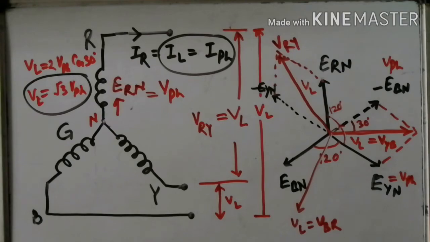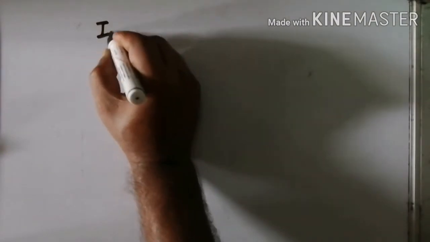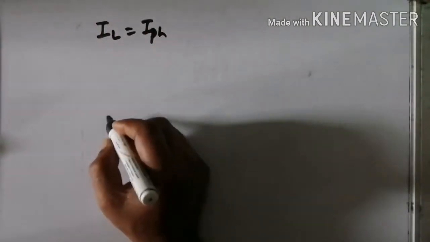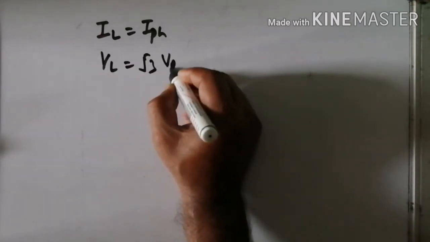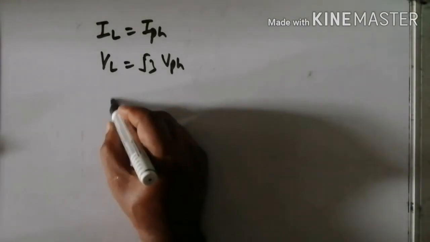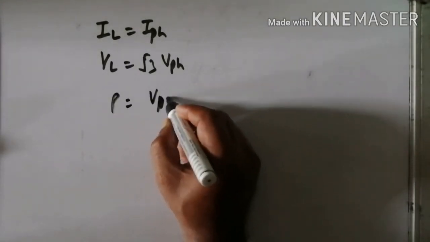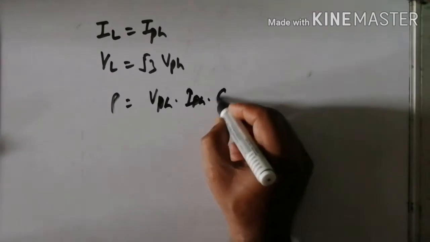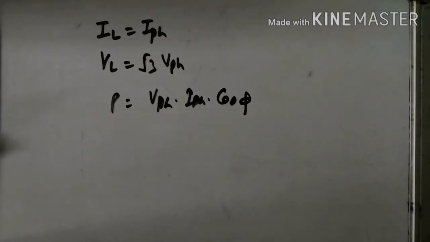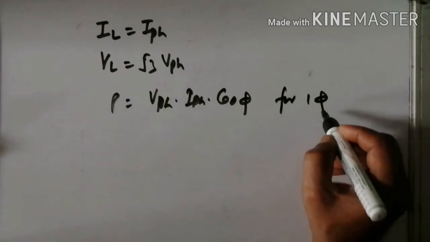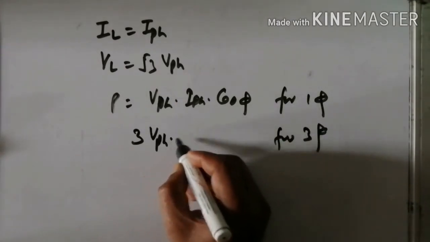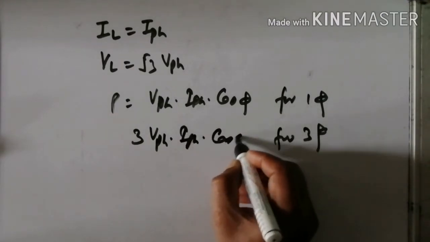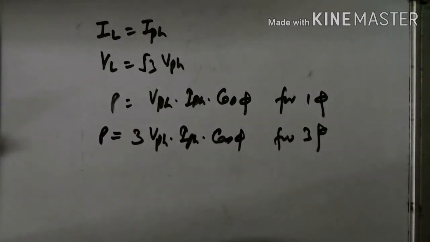Now the power. So in the case of star, IL is equal to IPH and EL is equal to root 3 times EPH, and power is EPH IPH cos phi for the single phase, and for 3 phase it is 3 times EPH IPH cos phi, right?